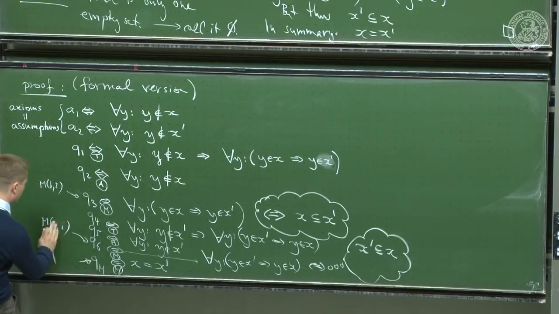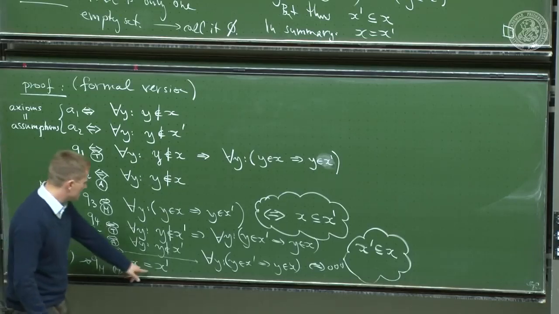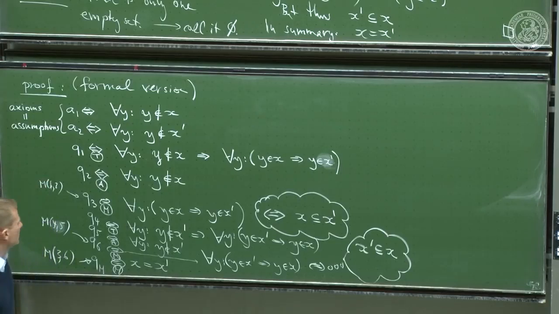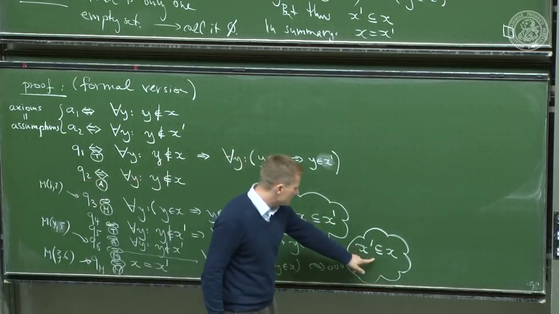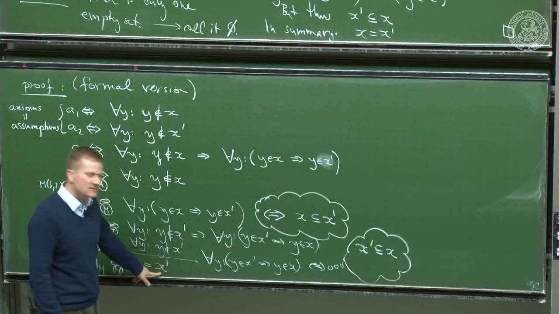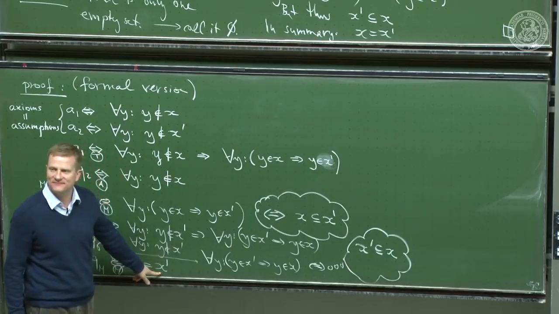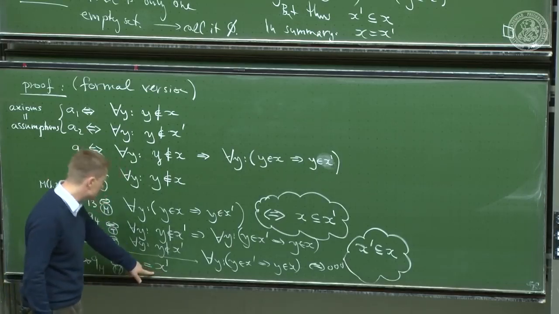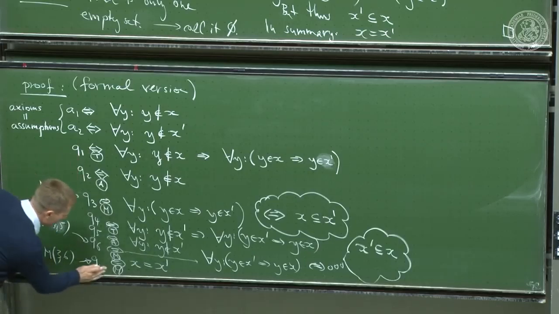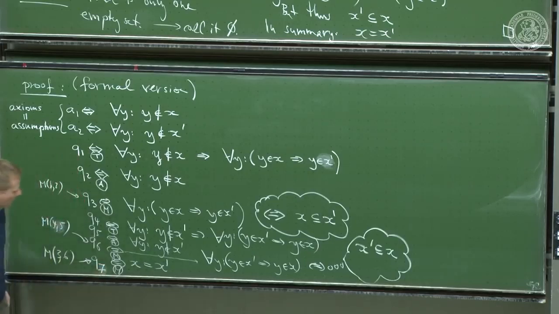No, it used 4 and 5, I'm sorry. 4 and 5, and this used 3 and 6. And you can check that obviously this and this implying this is a tautology. Hence, you can write this as the 7th and final step of the proof, which says the two empty sets are the same.